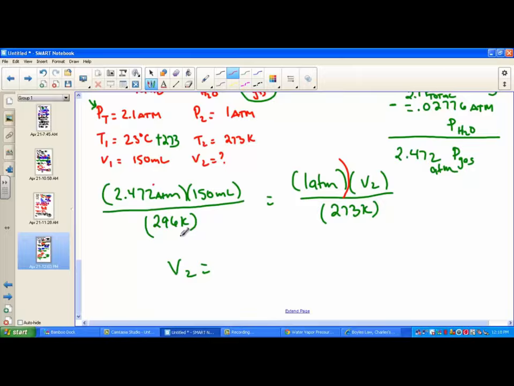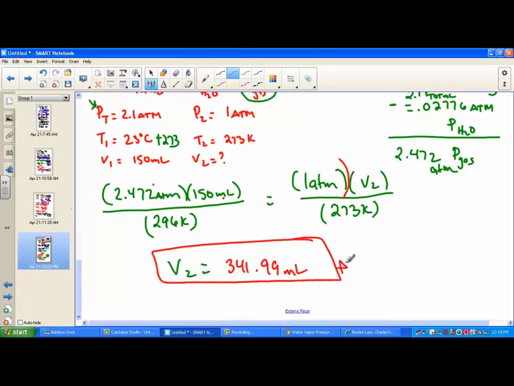Giving you a minute to hit it. V2 is 341.99. Let's see, put a milli in, we get a milli out. Your answer will be extremely close, 342. No matter what you put in for your pressure unit, subtract the like units first. Make sure you put the correct standard value over here so that you have like units.